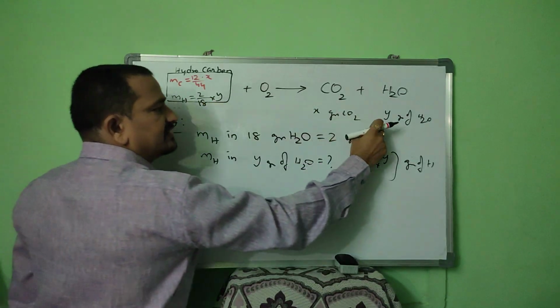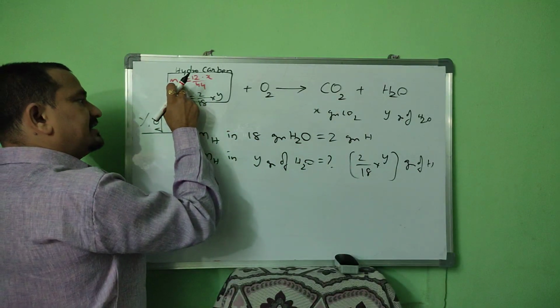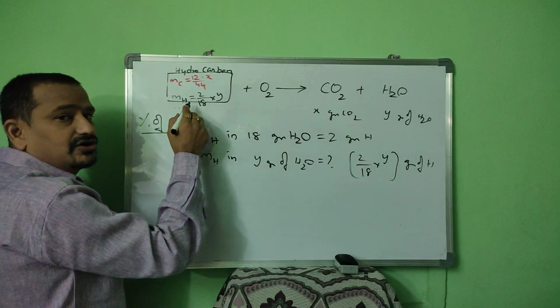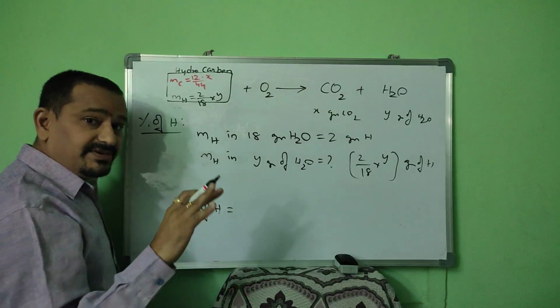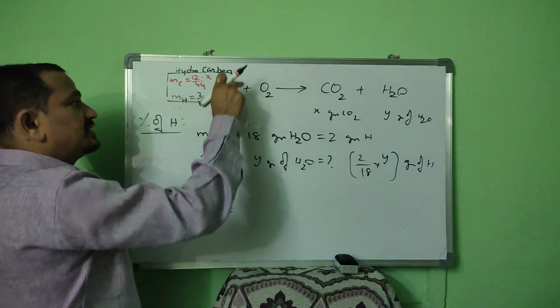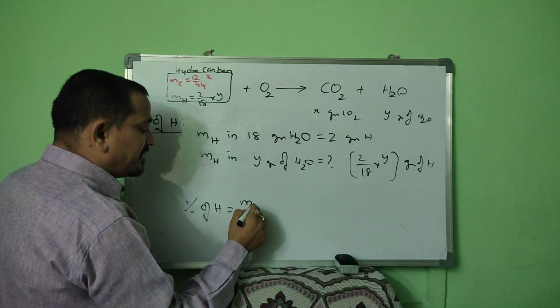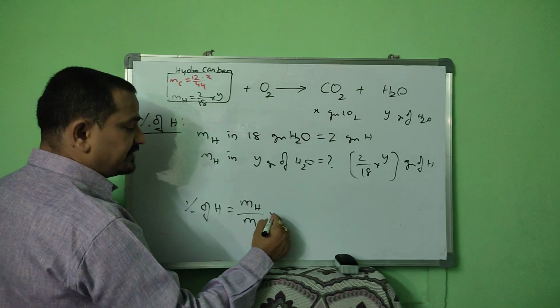What does y stand for? Mass of water vapor obtained in the experiment. So we calculated the mass of carbon and also the mass of hydrogen. Once we got the mass of hydrogen, percentage of hydrogen is, out of total mass, this is the mass of hydrogen. How do you calculate the percentage? Mass of hydrogen out of total mass of hydrocarbon into 100.